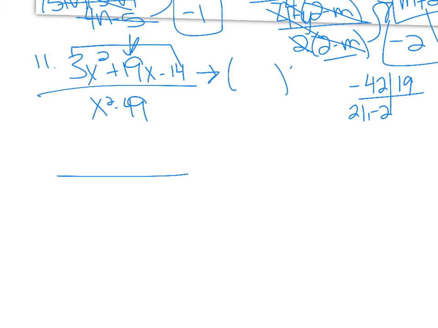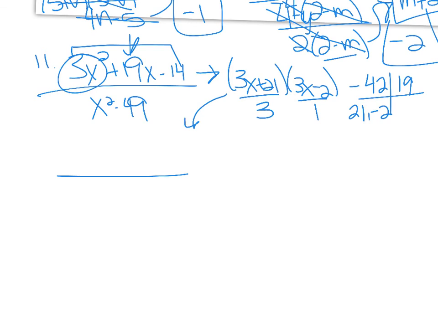Now remember, with the airplane method, since I've got that 3x there, it's going to be 3x and 3x, and then we fill in our factors, plus 21 minus 2. And then the last thing with the airplane method, you have to land your plane. Those have a 3 in common. The 3x minus 2 doesn't have anything in common. So when I divide out a 3 from the first factor, we've got x plus 7. The second factor stays the same, 3x minus 2.